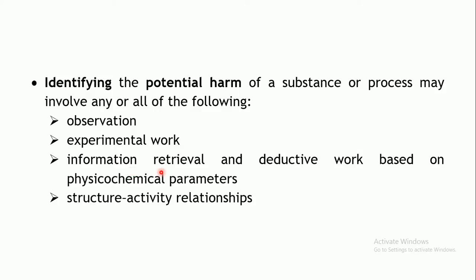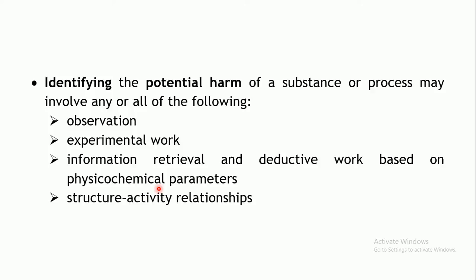Maybe in the past this particular chemical might have been studied, so you may have to retrieve the data or information about that chemical, whether such tests have been done. Or maybe depending upon the physicochemical parameters which have been studied about that particular chemical. So that may give you some idea about the potential harm which may be caused by that chemical.